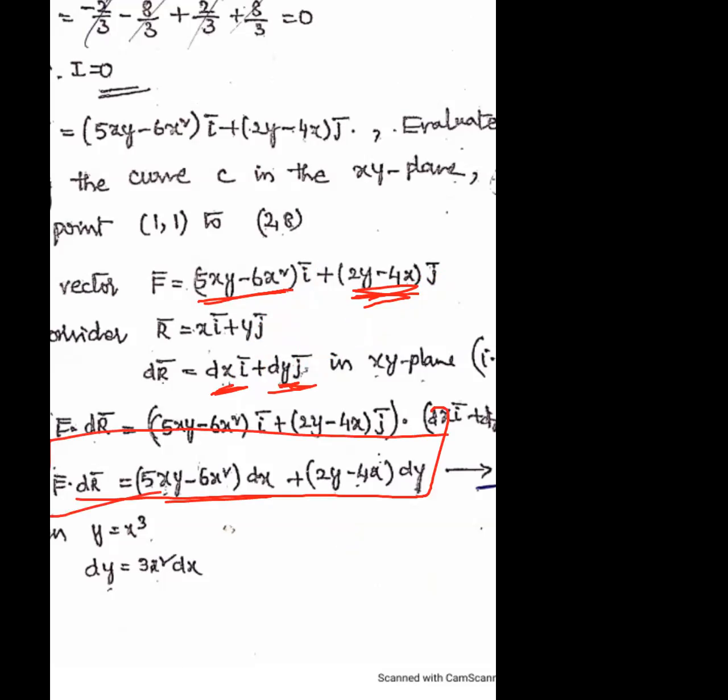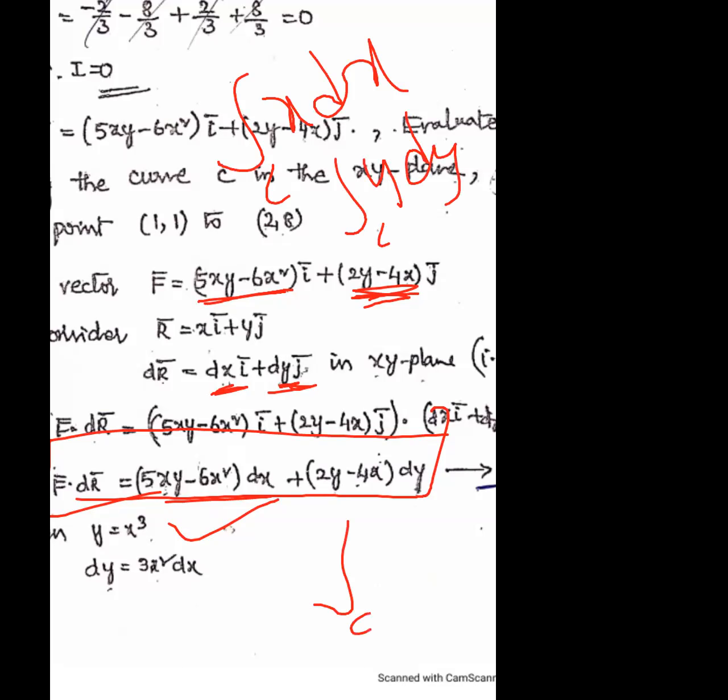And the given problem has y equal to x cube. Why? Because we calculate the given problem by line integration, and line integration is only possible for a single variable function. So a line integral can be calculated only for terms like x dx, y dy, t dt, or theta d theta.